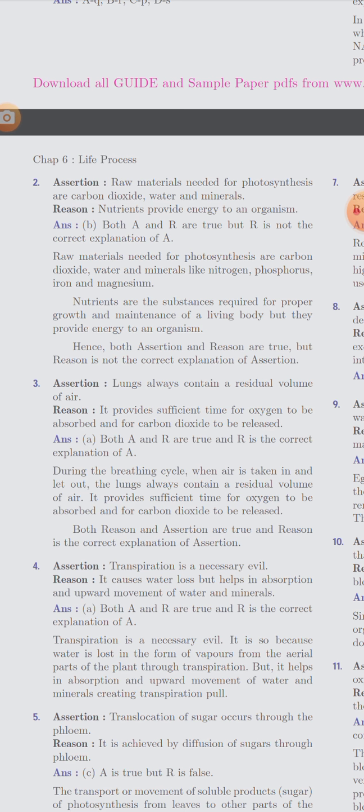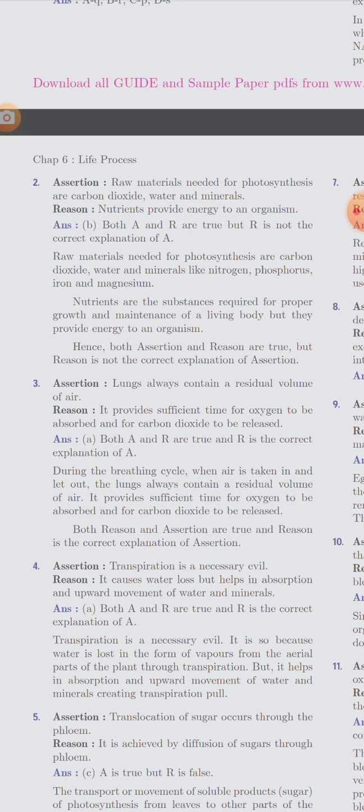Come to the third question. Lungs always contain residual volume of air. Yes, true. It is given in the CBSE textbook. It provides sufficient time for oxygen to be absorbed and for carbon dioxide to be released. And beautifully the statement is given, which is also a true statement. In your textbook, it is on the page with the human respiratory system diagram, in the last column above the hemoglobin concept: residual volume of air.